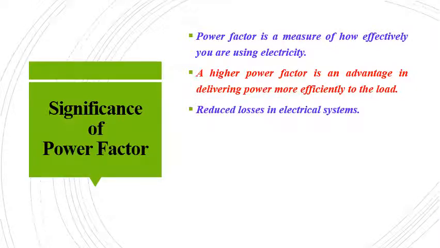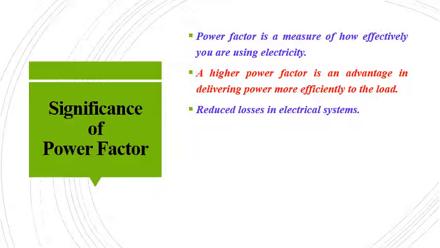Then another significance is that it helps in reducing the losses in electrical systems. Whatever load we are taking, for example in a household, if our total consumption in a house is 746 watts, that means the total power required remains constant. The power consumed is Vi cos phi. That means this Vi cos phi is required as a constant value, but what happens if the cos phi value, or the power factor, reduces?